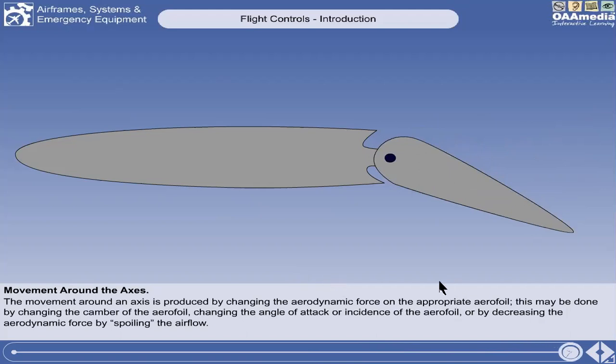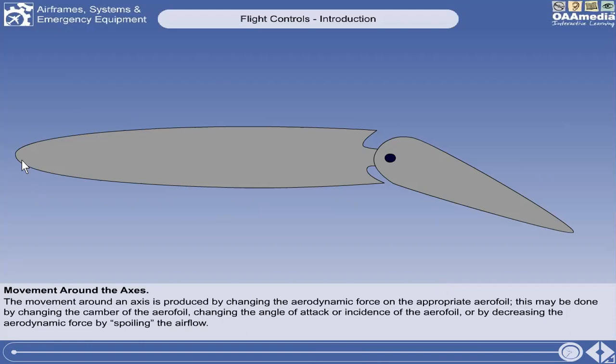So our flight controls are commonly located on the trailing edges of our control surfaces. Movement around the axis of an airplane happens by means of the deflection of that control surface. So we are changing the camber. When it deflects upward, we are decreasing the camber and also the aerodynamic force. When it deflects downward, we are increasing the camber.